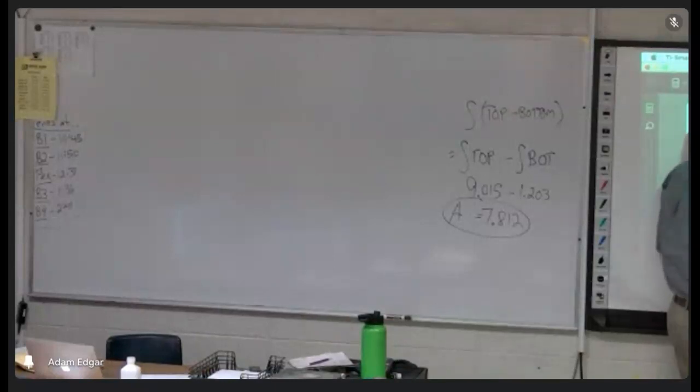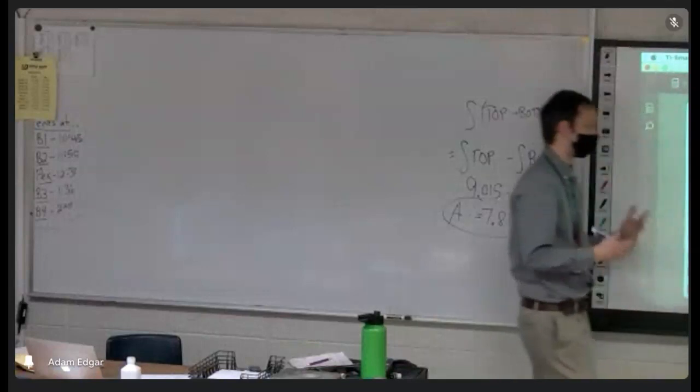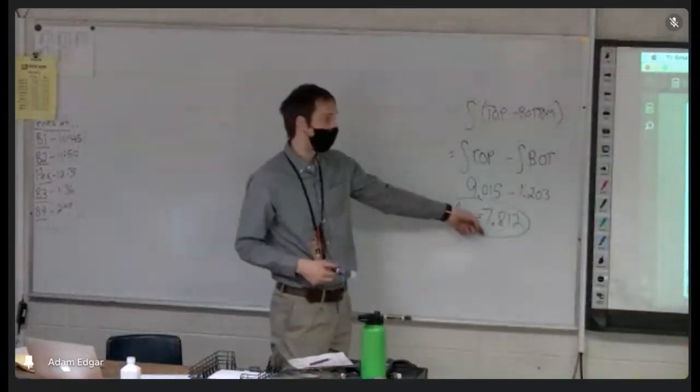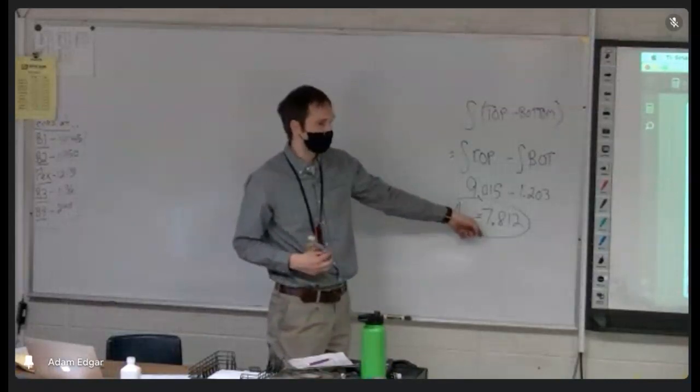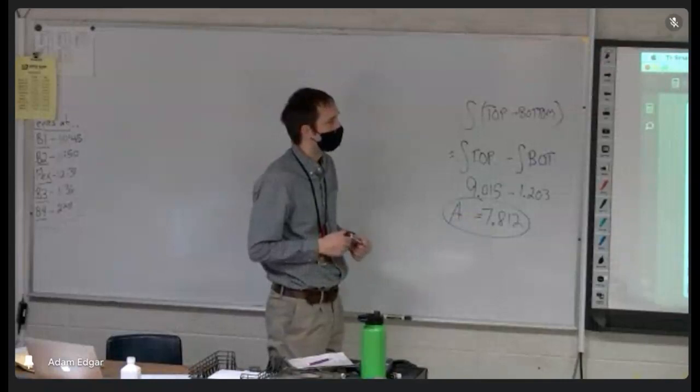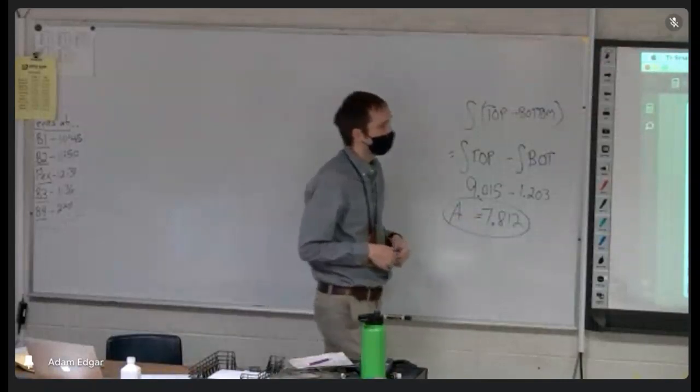So this red area is all this triangle. And then we're subtracting away the blue. And then we're left with this stuff that's still red. And that stuff that's still red is the area that we're looking for. So the area that's still red is the 7.812. So we're subtracting this.